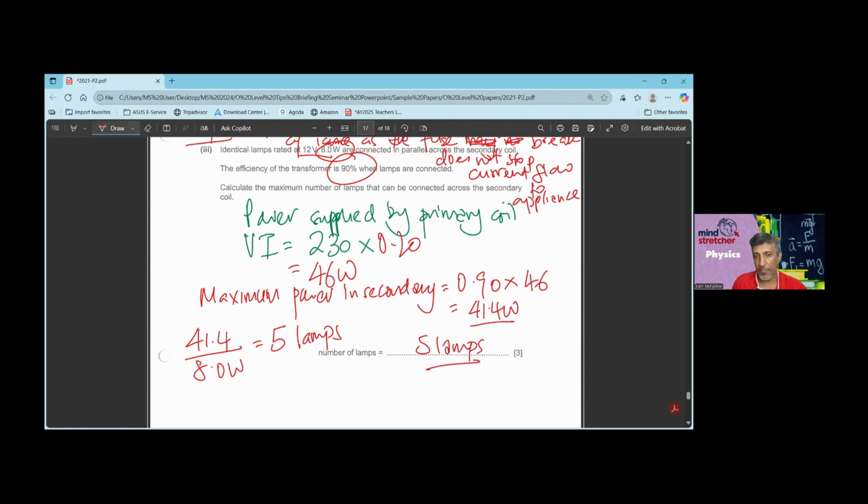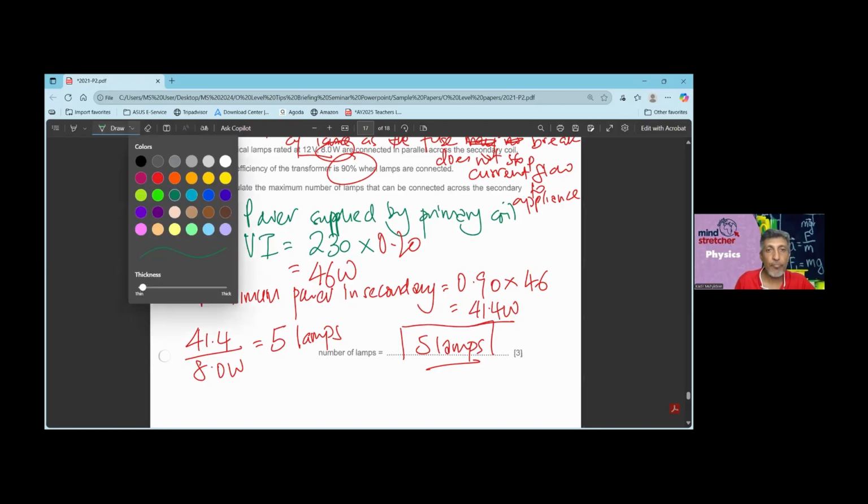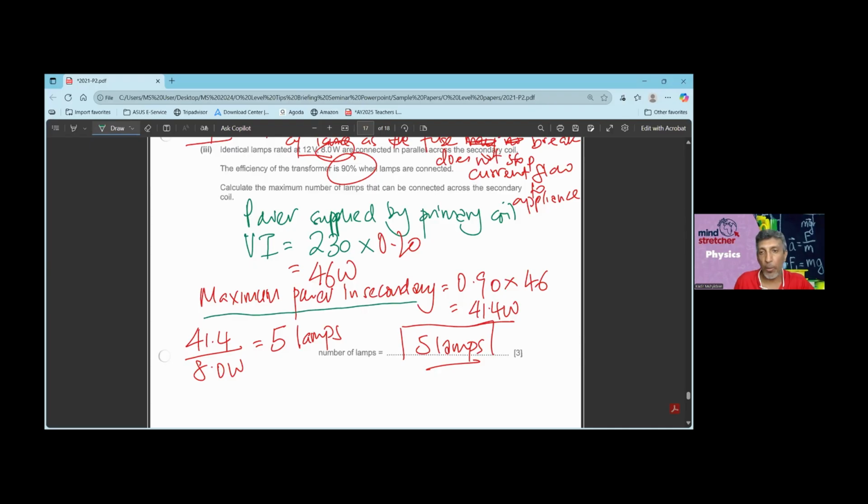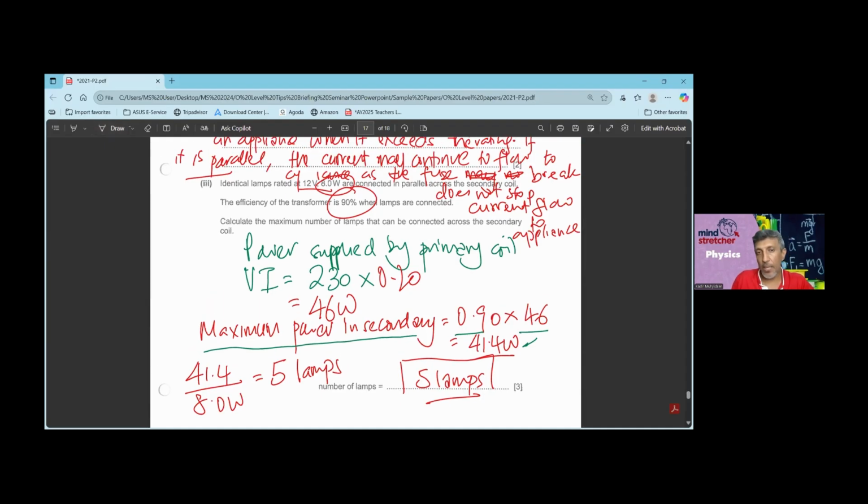Okay, 5 lamps in the circuit. So you're just using the power formula, and then you use 90% of it, 41.4, and then you divide by this, the power in the secondary. Guys, if you have taken a screenshot of this, please.